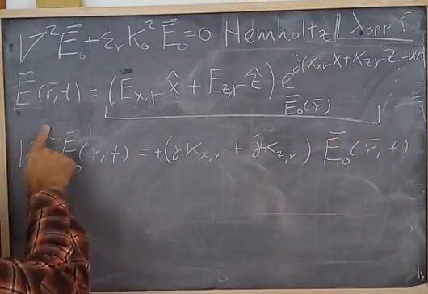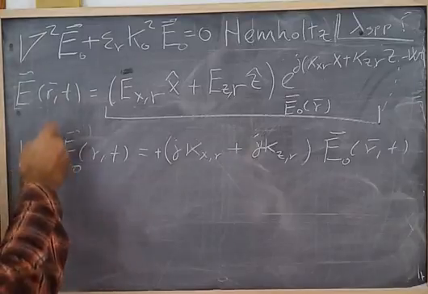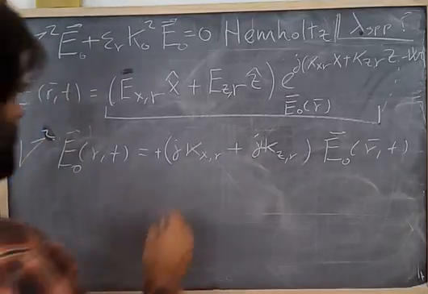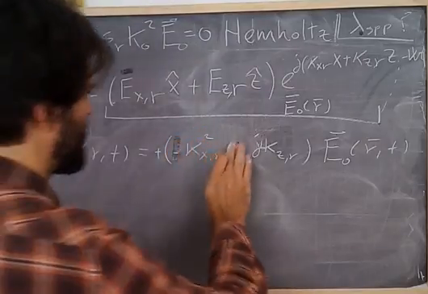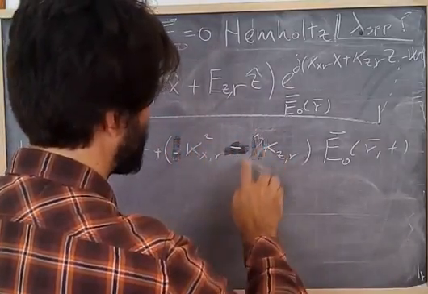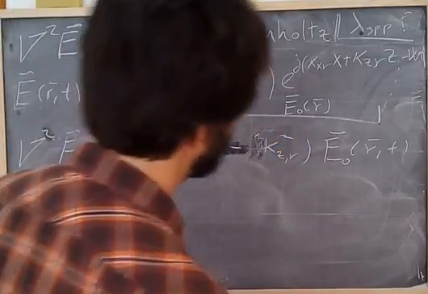So this is the first derivative. The second will be multiplied by this, j squared.